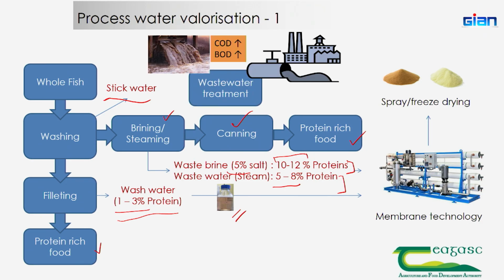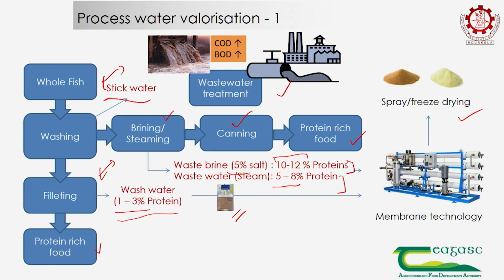Stick water has a high amount of BOD, COD because of mud and sludge, and that goes for wastewater treatment as usual. If you mix this water with this water, then the story is different. Then you cannot use it as a food ingredient. Whereas this is a process water and this is wastewater.